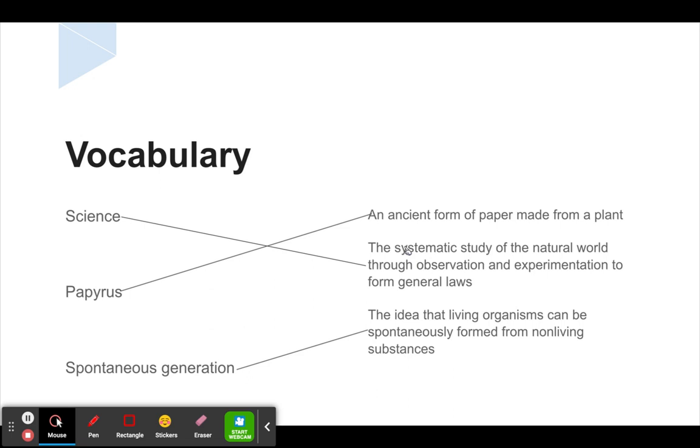It's studying our environment by observing and experimenting to form laws that will help shape the earth and our understanding of how the ecosystem works. Papyrus is an ancient form of paper made from a plant, and spontaneous generation is the idea that living organisms can be spontaneously formed from non-living substances, which is false.